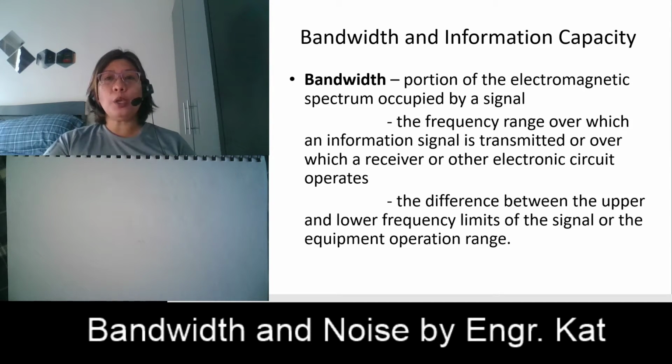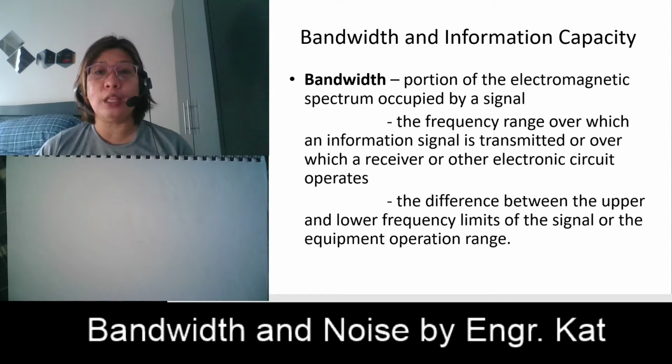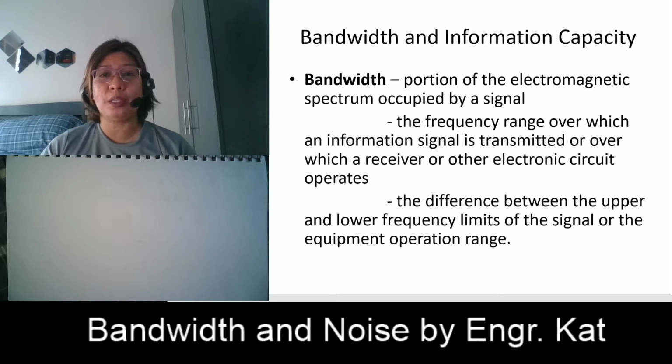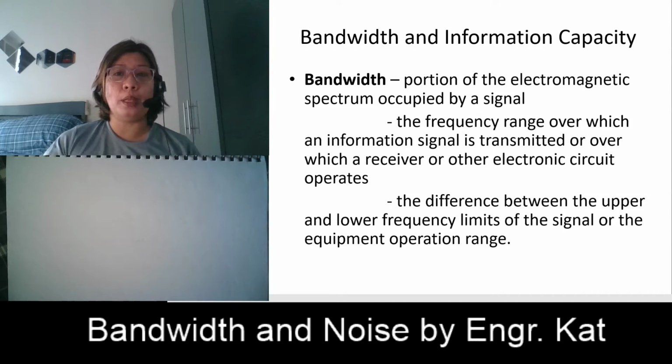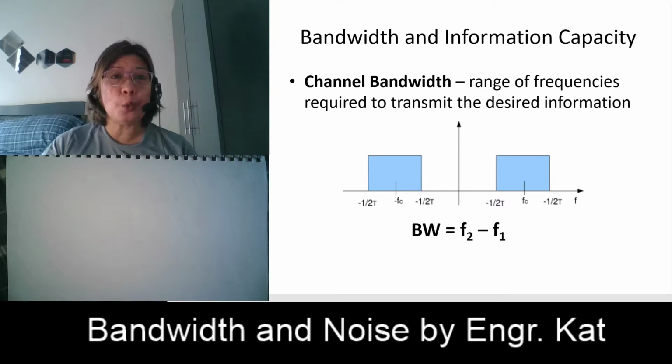It is the frequency range over which an information signal is transmitted, or over which a receiver or other circuit operates. So it is the difference between the upper and the lower frequency limits of the signal or the equipment operation range. The channel bandwidth is given by the range of frequencies required to transmit the desired information.